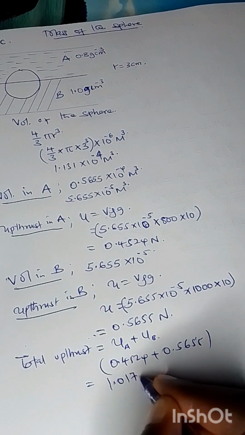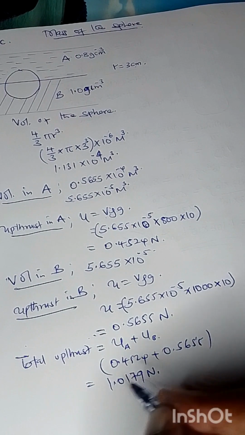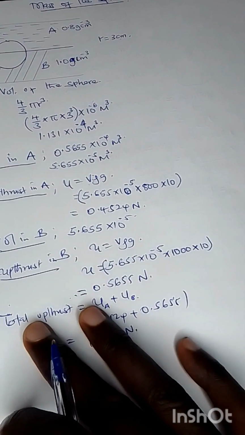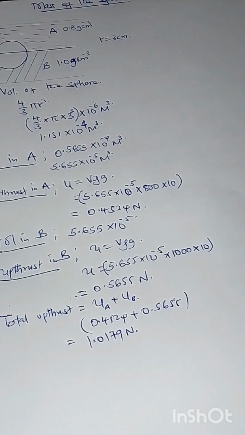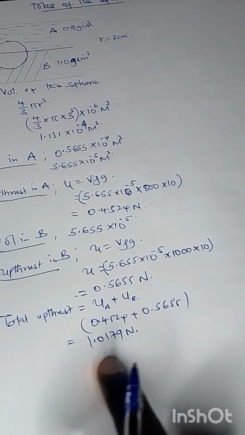1.0179 newtons. We are told that the sphere was floating in these two, and we know that a floating body displaces its own weight of the fluid in which it floats. So this is the weight of the sphere.